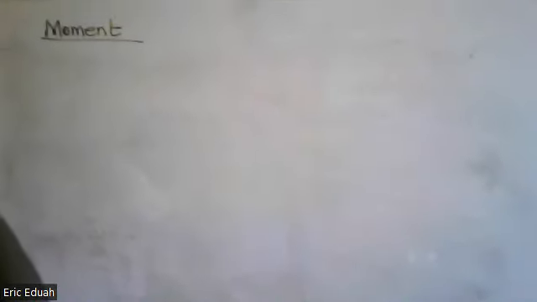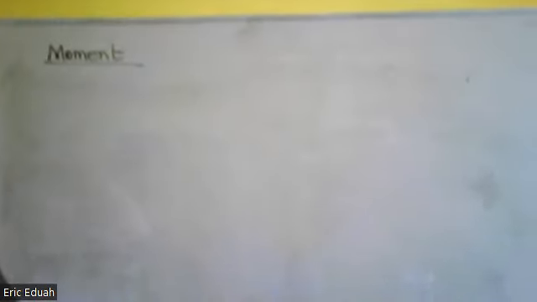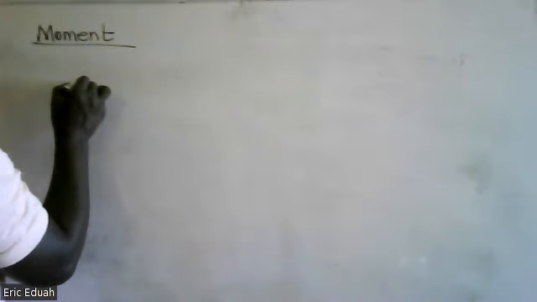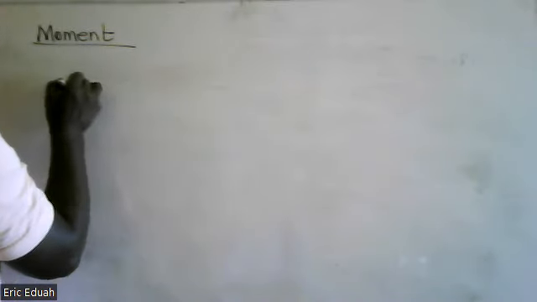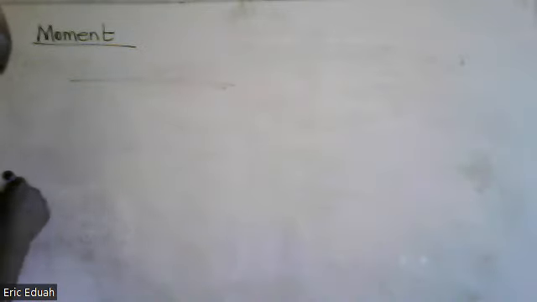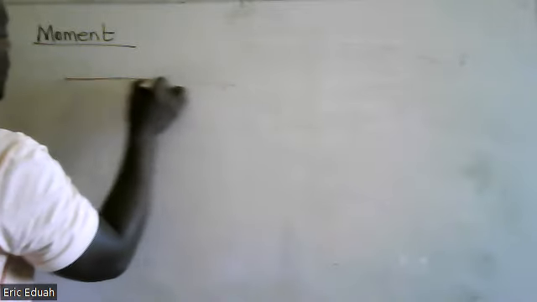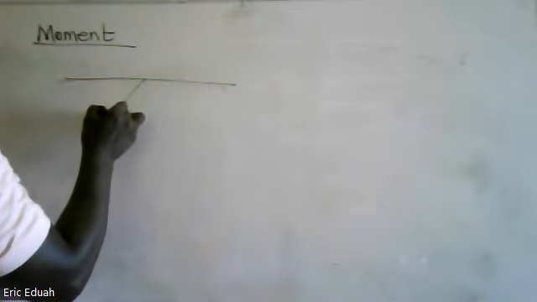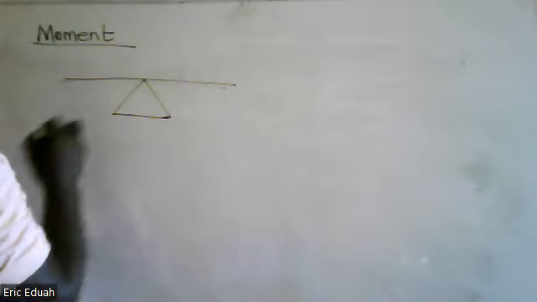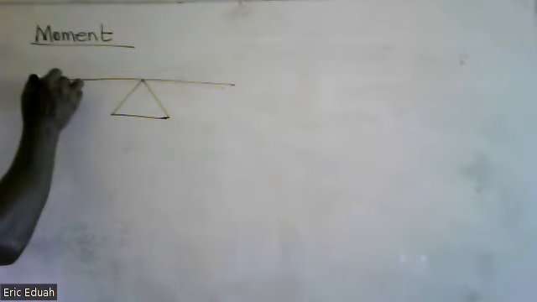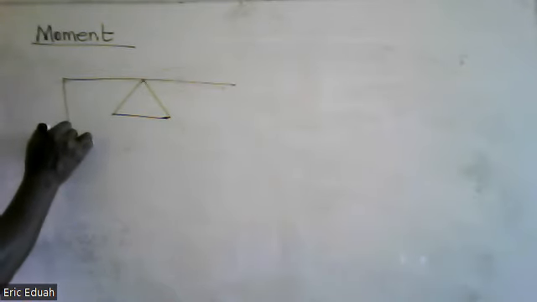In that case, how do we calculate the torque or the moment? Example, if I have a uniform bar, this is the pivot. Then we have a force F1.